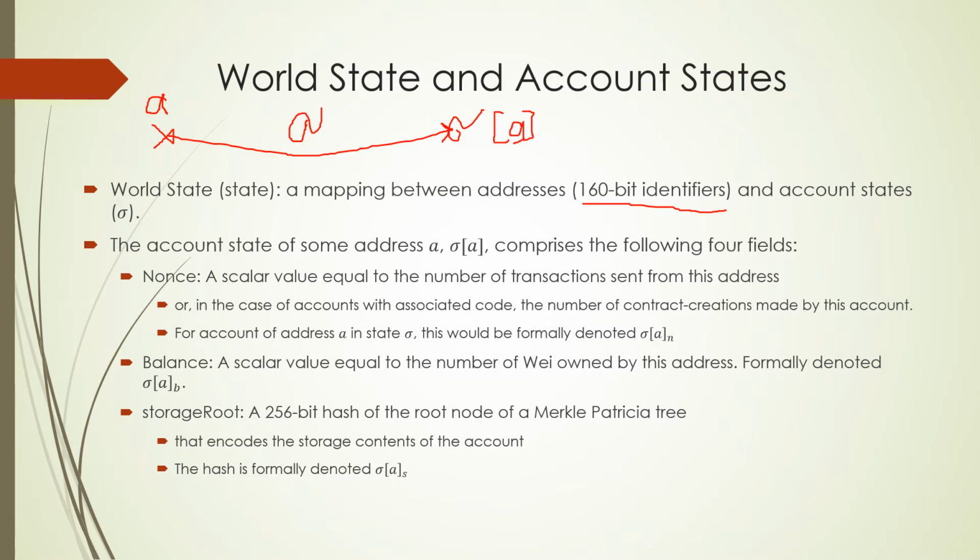And basically, sigma A is going to be called the account state, which is made of 4 fields.